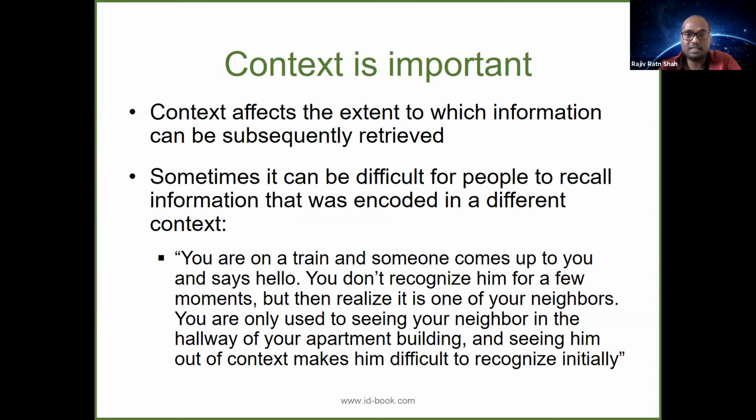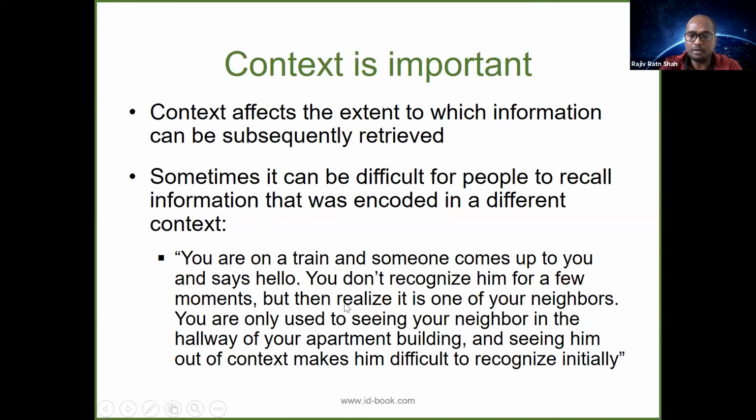All this highlights that context is very important, because context provides aids to memory to recall things, find the relevant information, or help you recognize things earlier or in a better way. So context affects the extent to which information can be subsequently retrieved. Sometimes it can be difficult for people to recall information that was encoded in different contexts.